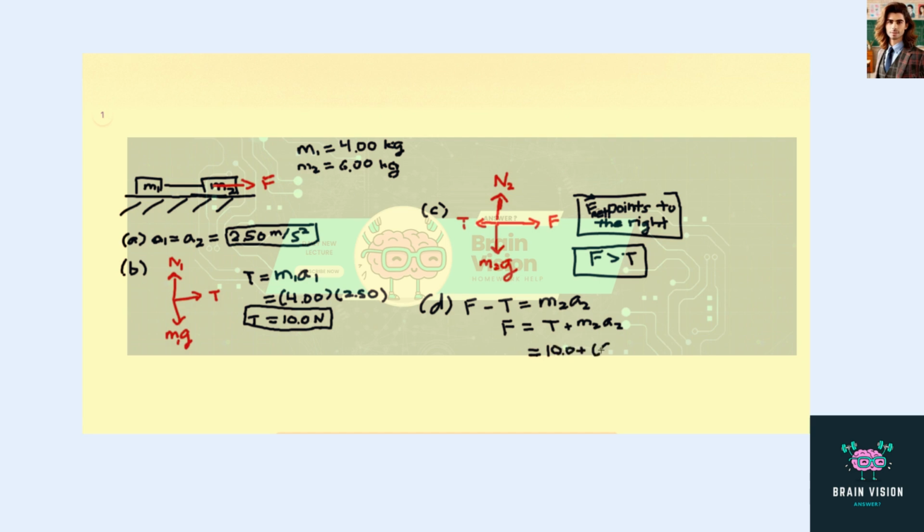Add that to the mass of m2, which is 6.00, times the same acceleration, 2.50. That's going to end up being 10 plus 15, so that gives us 25.0 newtons. All right, and then we are all done.